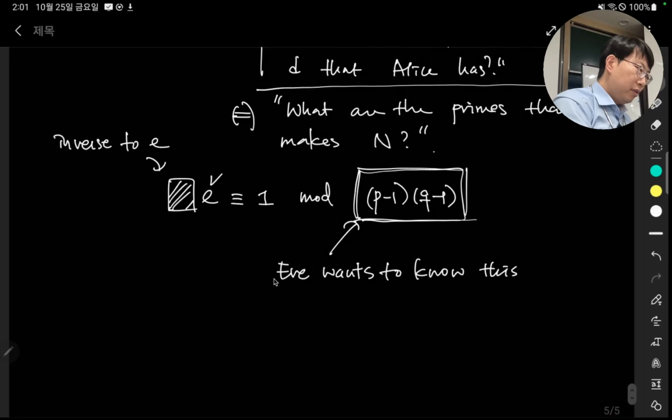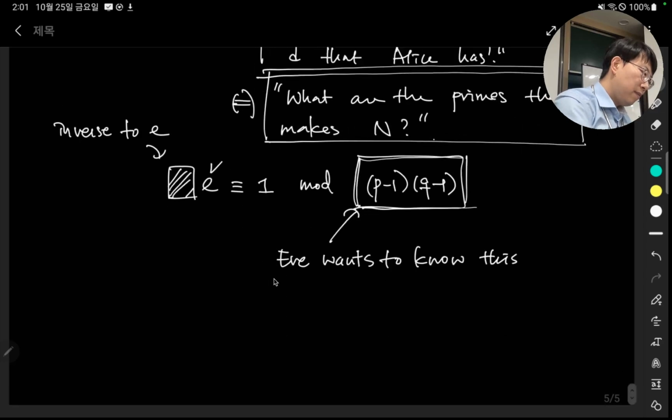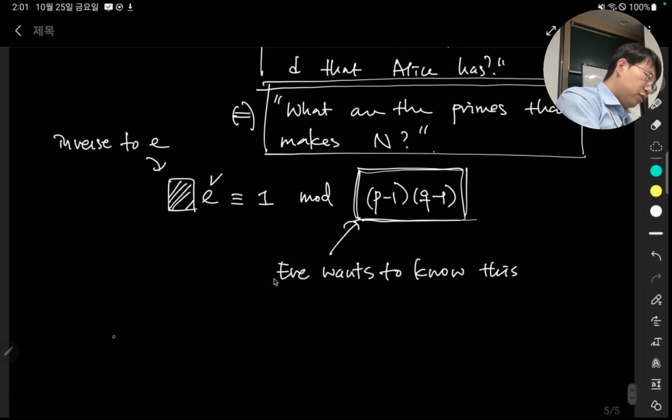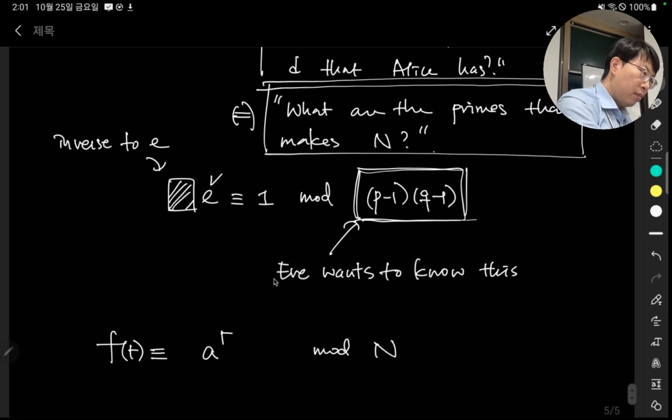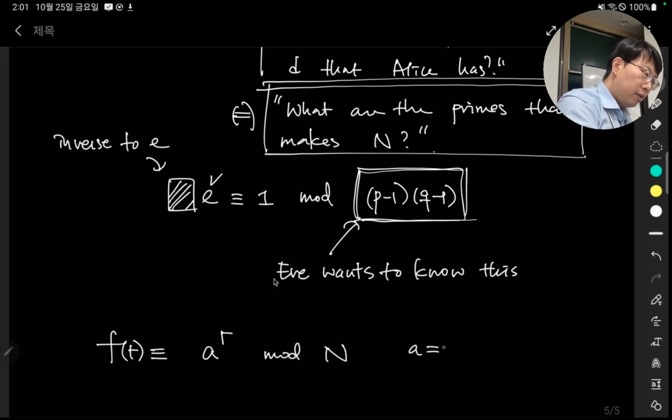how does Eve try to find out the primes? Here is the way he can try. Let's assume that there's a function that computes a to the power of r modulo N, where a is not 0 nor 1.